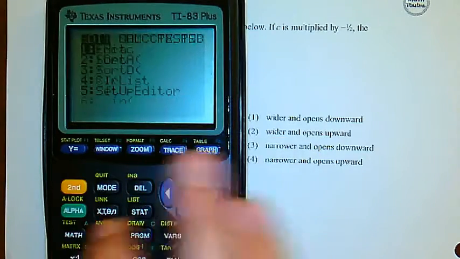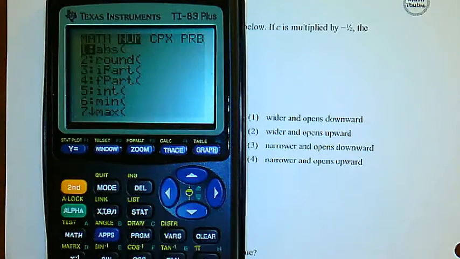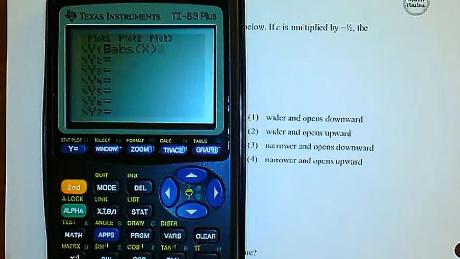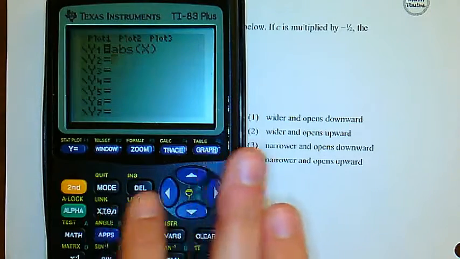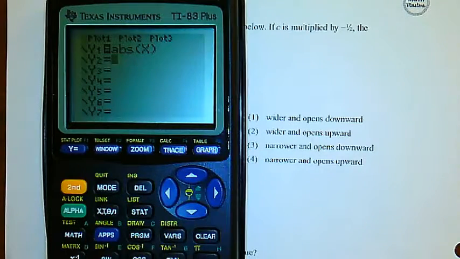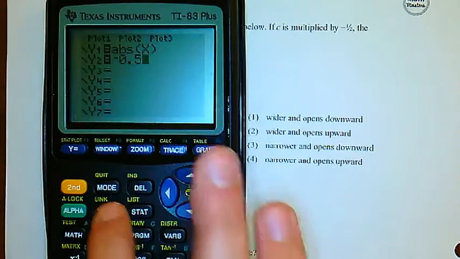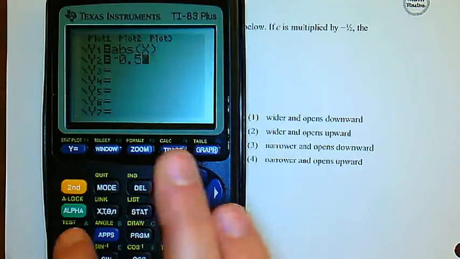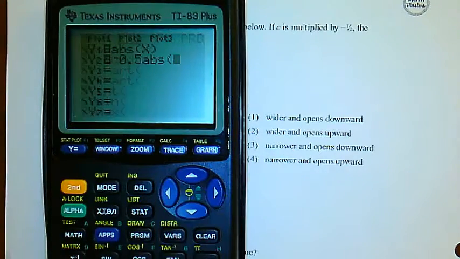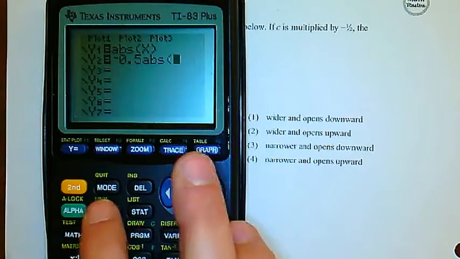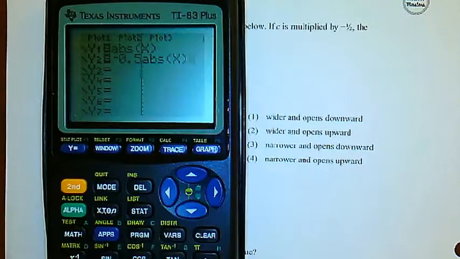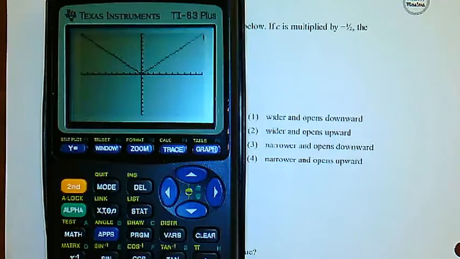Oh, pressed the wrong button, sorry. So you're going to put the absolute value of x, and then you are going to put -0.5 or -1/2, whichever, same thing, absolute value of x. See what that graph looks like.